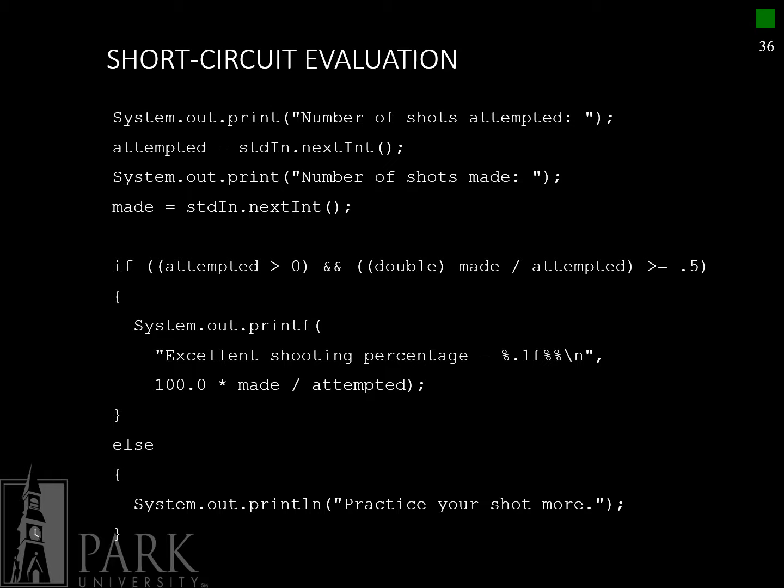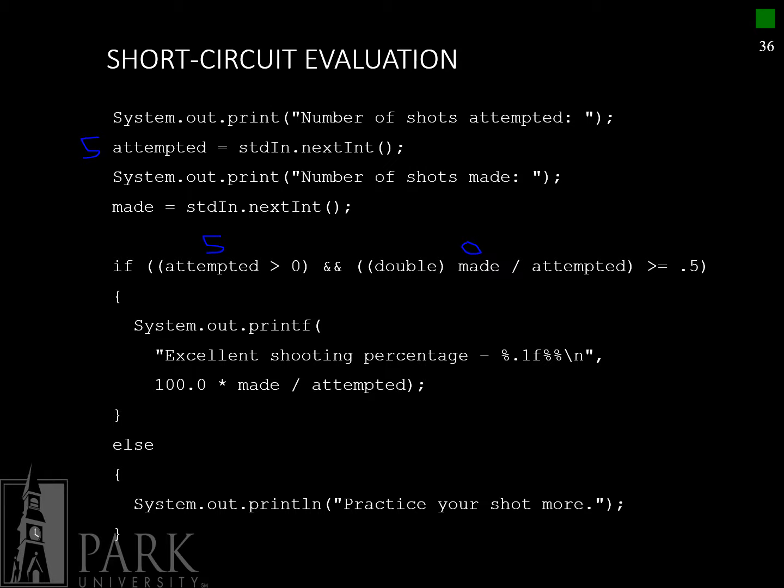What if made was 0? Say attempted was some value greater than 0, say 5. We put in 5, and made was 0. Well, we're going to do the calculation here. Double made is 0, and so it's still going to do the math.